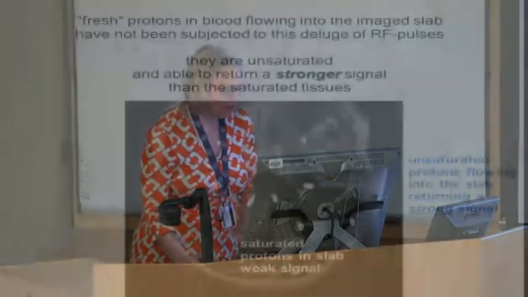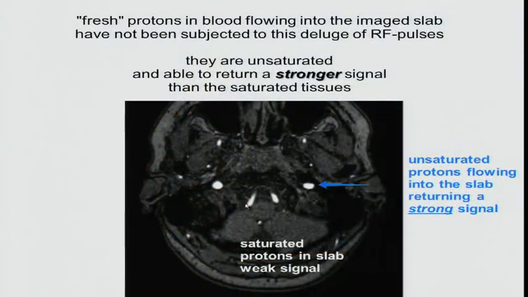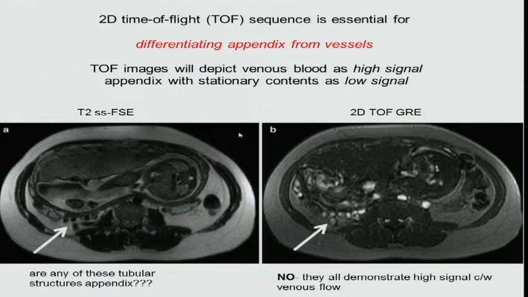So all the protons that are out in this area have been saturated, and then when you finally stop your repetitive RF pulses and listen, you only hear the stuff that's moved into that slab. Okay, so we're looking at this picture again, and now we understand what we're talking about when we talk about looking for vessels with 2D time of flight.